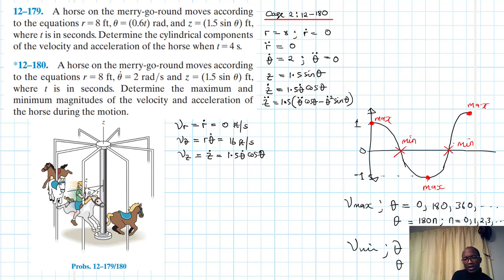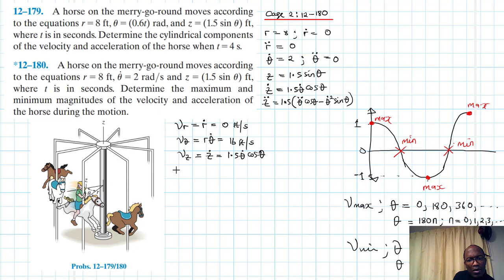Odd numbers. 90 by 1 is 90, 90 by 3 is 270, 90 by 5 is 450. Okay, so there we go.